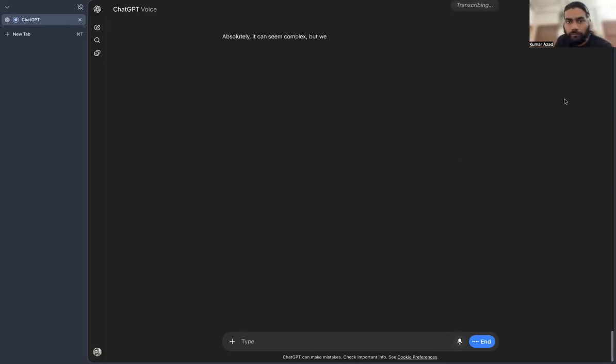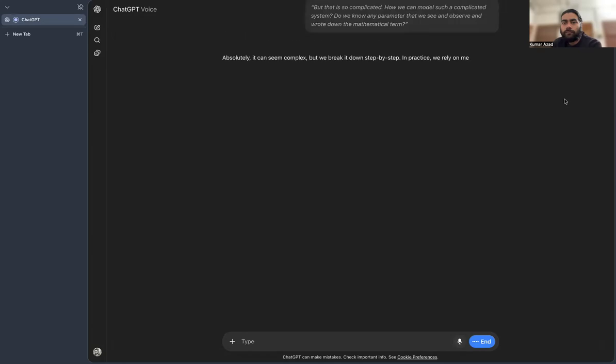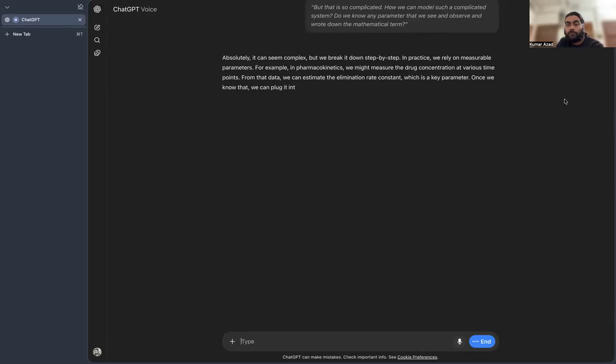Absolutely, it can seem complex, but we break it down step by step. In practice, we rely on measurable parameters. For example, in pharmacokinetics, we might measure the drug concentration at various time points. From that data, we can estimate the elimination rate constant, which is a key parameter. Once we know that, we can plug it into the differential equation and predict how the concentration will decline over time.